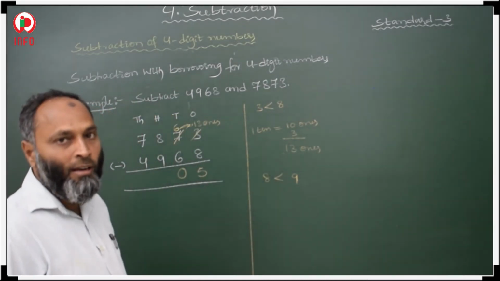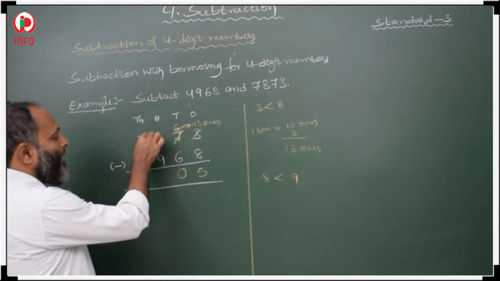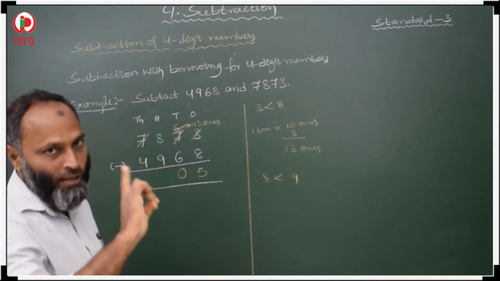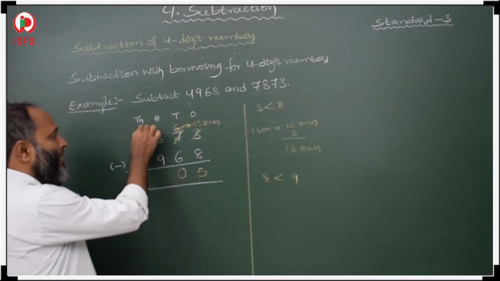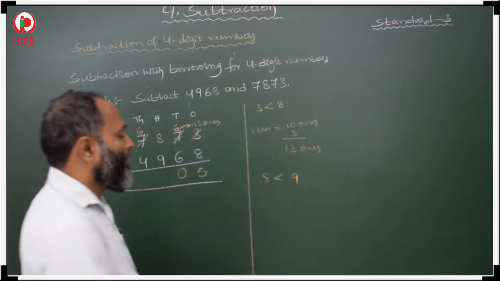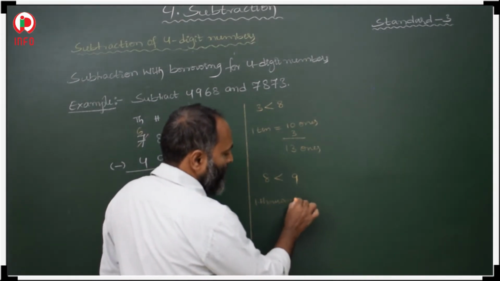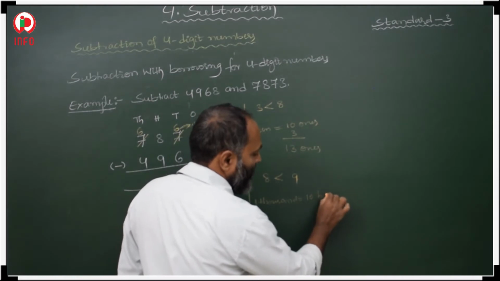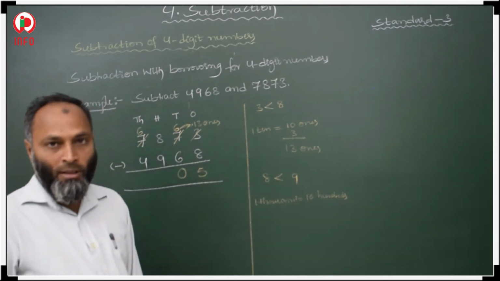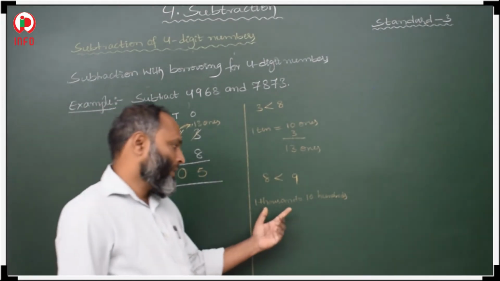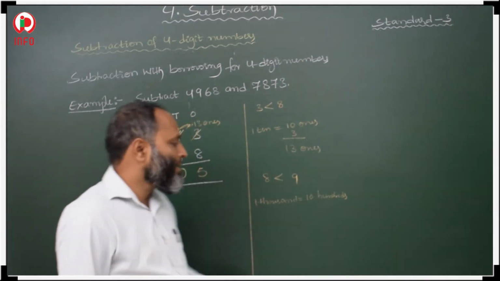Then what do we have to do? We have to borrow. Here I want to take 1000. Here 7000s are there. I want to take 1000, which means it decreases by 1. 1000 is equal to 10 hundreds.